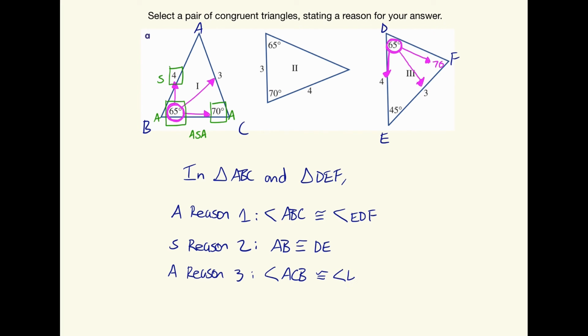Angle DFE. There are 3 reasons. We have proven congruence, and we are going to write a conclusive statement. Therefore, triangle ABC is congruent with triangle DEF.